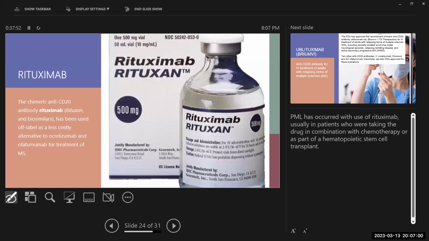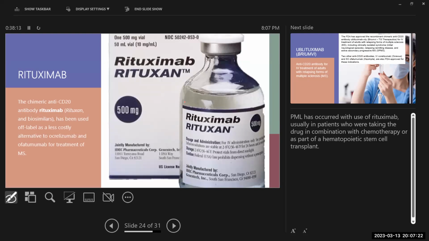Rituximab is an older anti-CD20 antibody and it's cheaper. And there are biosimilars and that makes it relatively inexpensive. So this is a less costly alternative to ocrelizumab and ofatumumab.